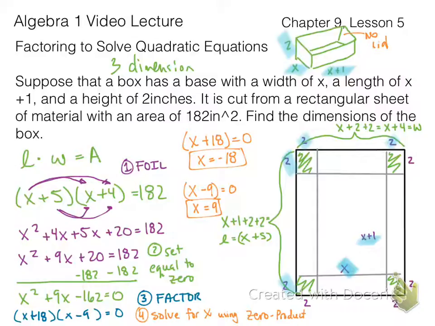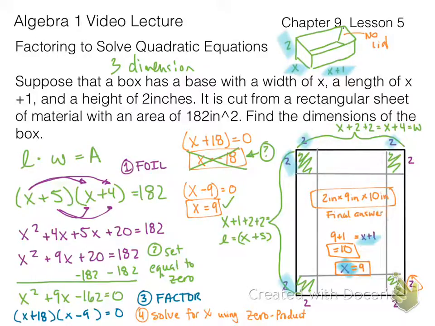So negative 18 is not the answer. x equals 9 is. So if x equals 9 is the width of the box, and since x still equals 9, we have 9 plus 1 equaling 10, so that would be the length of the box.